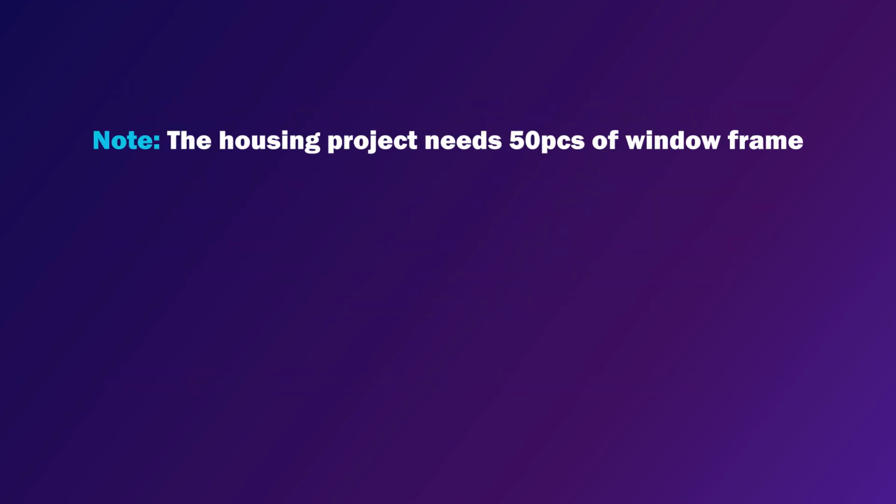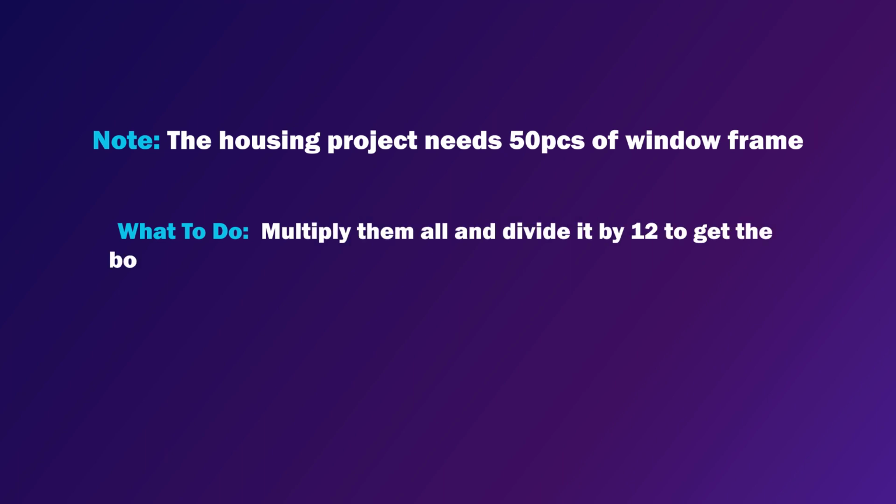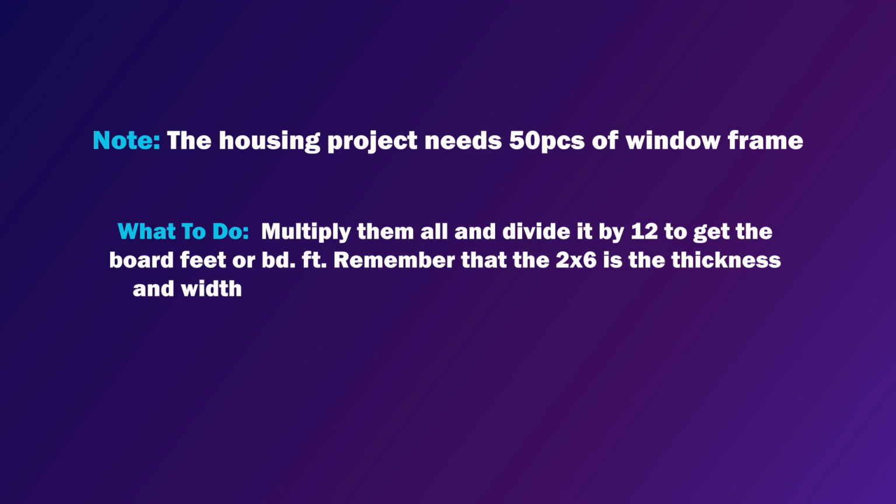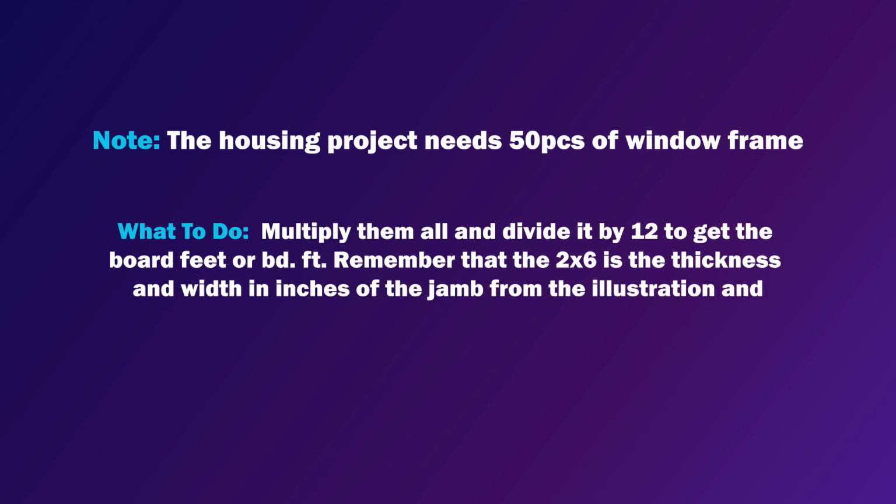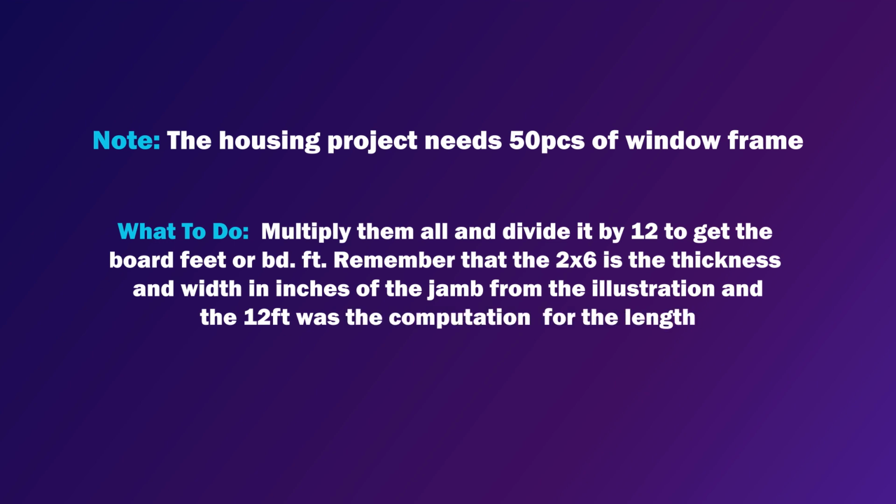Next, since the housing project needs 50 pieces of window frame, what we will do here is basically multiply them all and divide by 12 to get the board feet. Remember that the 2 by 6 is the thickness and width in inches of the jamb, as you can see from the illustration we had on a window frame, and the 12 feet was the computation we did a while ago for the length.